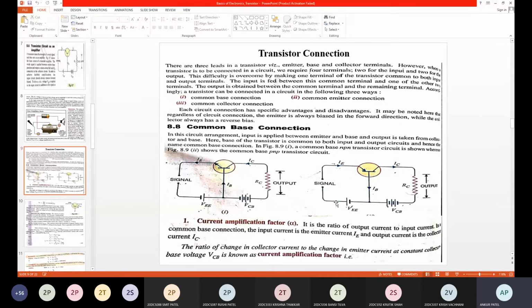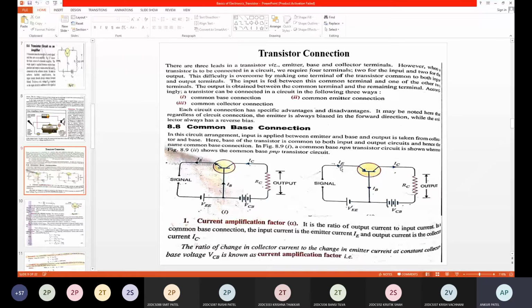So our collector current entirely depends on the emitter current. If IE is equal to 1 milliampere, then IC should be 1 milliampere or nearly 1 milliampere. So in some conditions, we assume IE is equal to IC, because IC entirely depends on the emitter current.